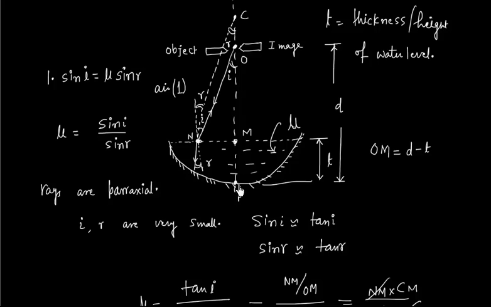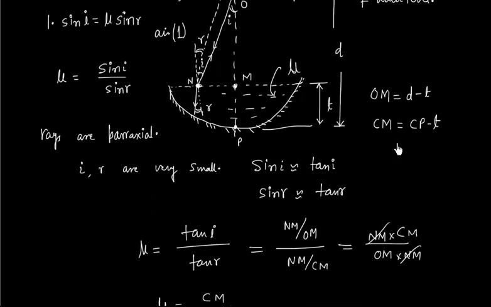Basically CP is the radius of curvature of the mirror, R. So we can calculate CM is equal to CP minus T, that is R minus T, where R is the radius of curvature of mirror.